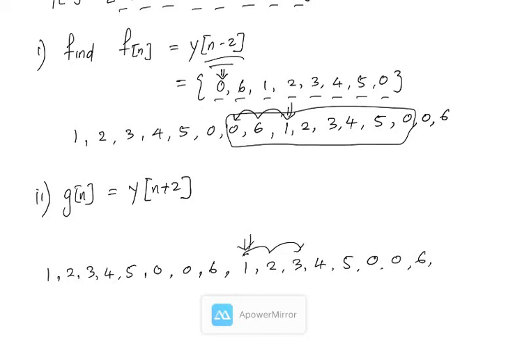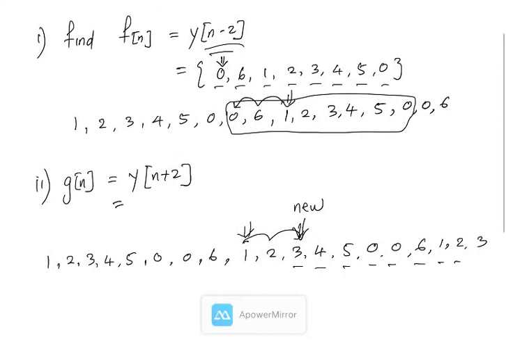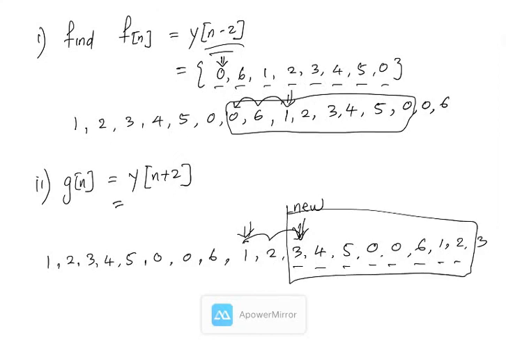The signal is repeated, and starting from my new origin, I take 8 samples: 1, 2, 3, 4, 5, 6, 7, 8. So the answer is 3, 4, 5, 0, 0, 6, 1, 2.